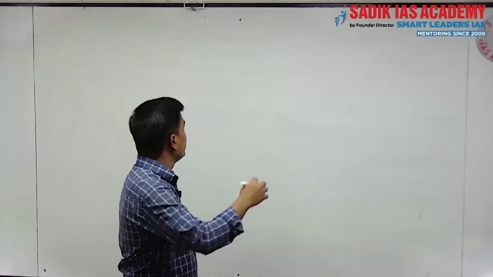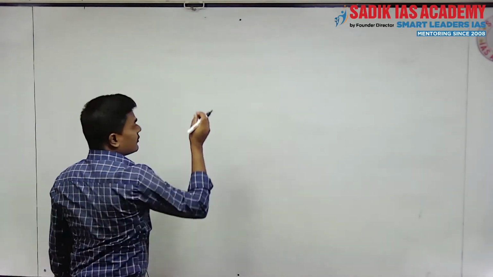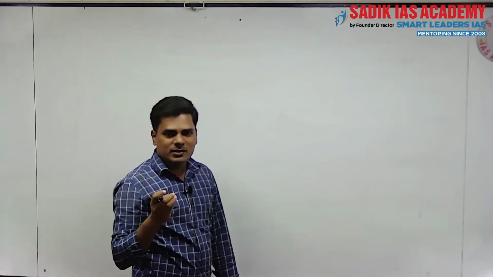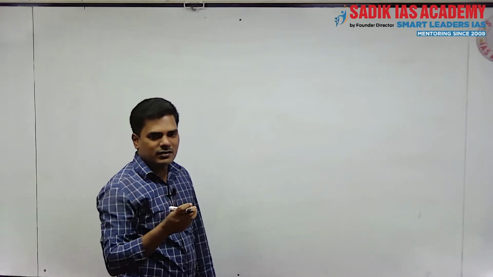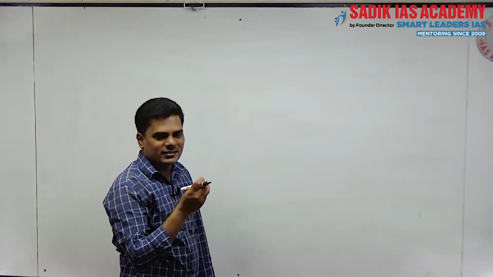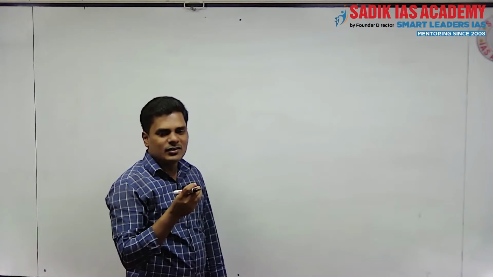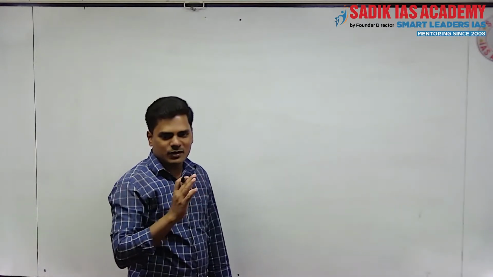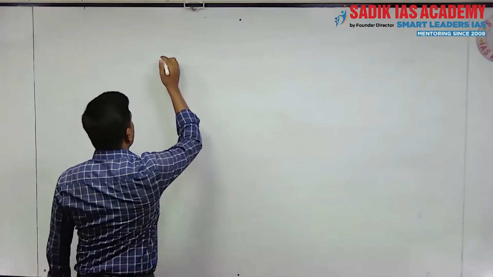So, today we will be discussing, in your analytical geometry syllabus, what is the topic they have given? The shortest distance between two given skew lines. That is the topic we are going to discuss today.